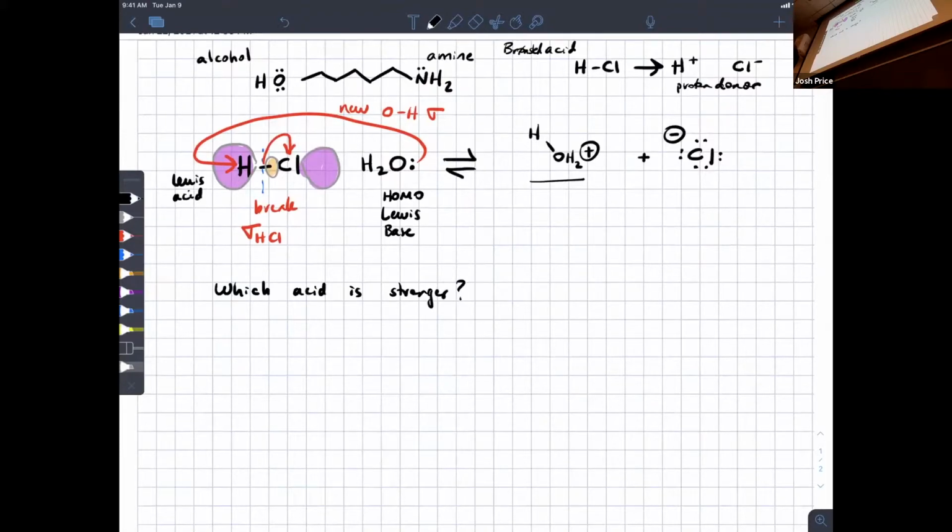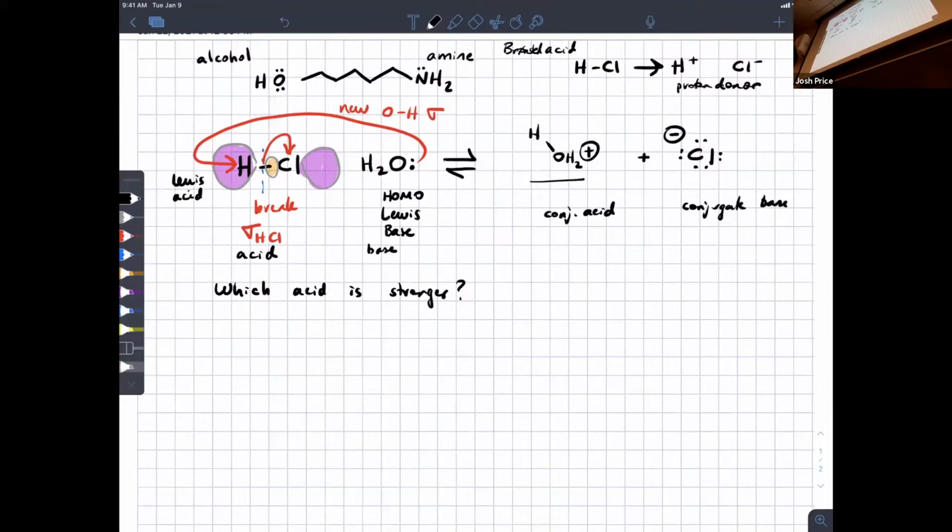You've got HCl, which is our acid here. And then you have hydronium, which we'll call the conjugate acid of our base on this side, which is water. We'll call Cl minus the conjugate base.